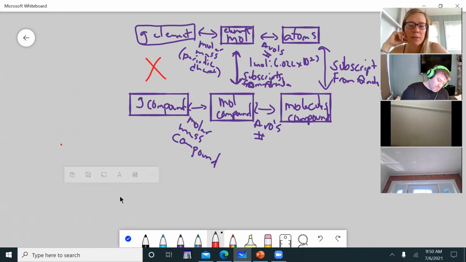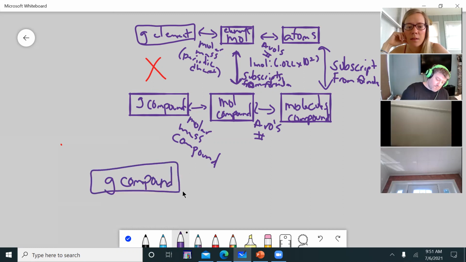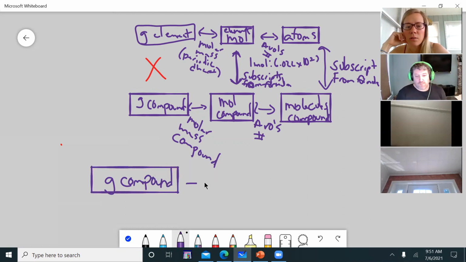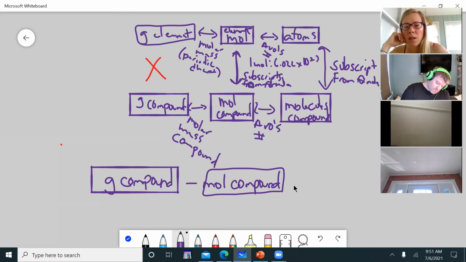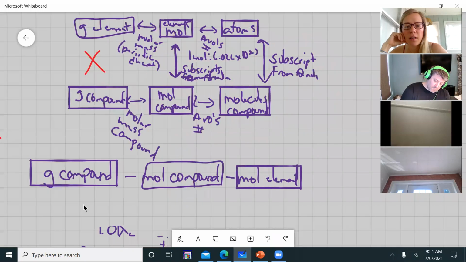So this is a general flow chart for the next couple problems. Grams of compound, whatever that compound happens to be, into moles of compound, into moles of element, and then we take that back into grams of element.